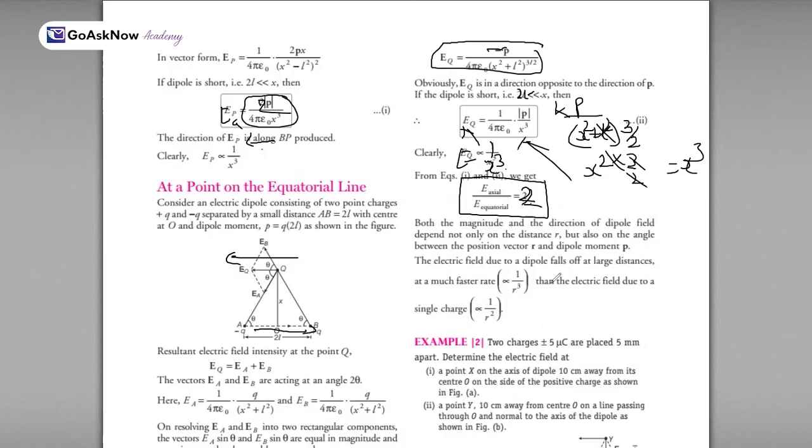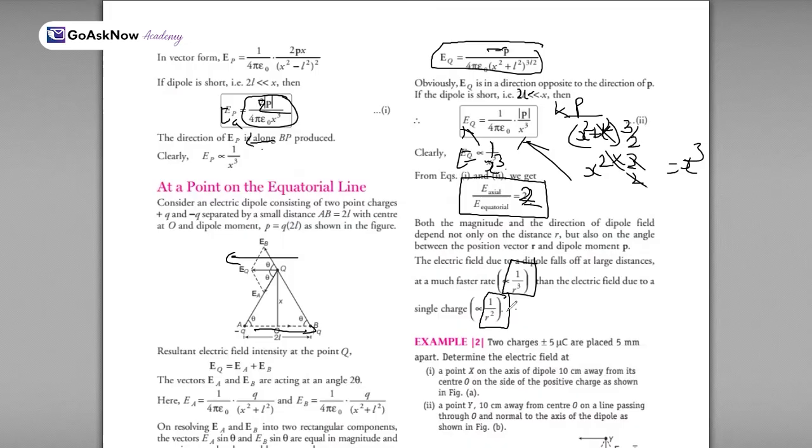The electric field due to a dipole falls off at large distance at a much faster rate than the electric field due to a single charge. Because you can see the relation 1 by r cube is there, and for a single charge there is a relation of 1 by r square in the electric field, if you remember the equation. So that is why the electric dipole has more significance.